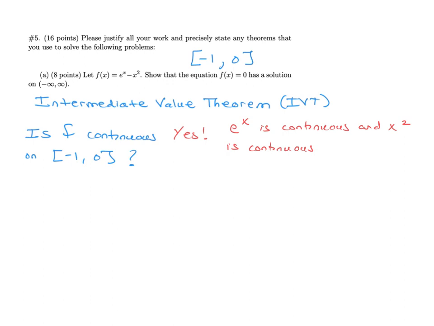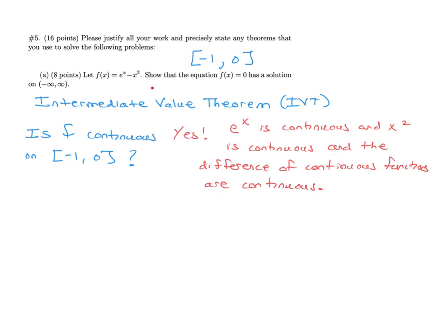And the difference of continuous functions is continuous. So kind of a long explanation, but e to the x is continuous, x squared is continuous, it's a polynomial. If you subtract them, they're continuous everywhere, and specifically on this interval here.